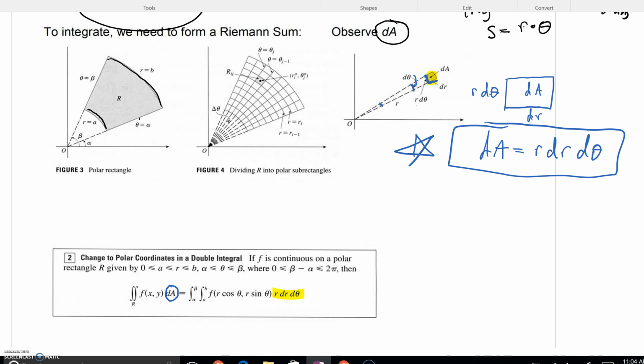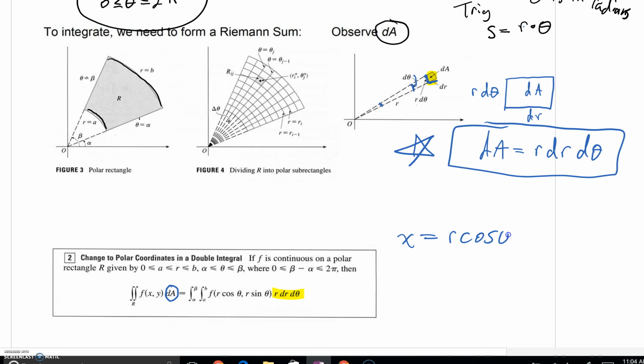Everywhere where we have an x in the problem, we're going to change that to r cosine of theta. Everywhere where we see a y, we'll have r sine of theta. So you could see, this x up in here has become r cosine of theta. This y becomes r sine of theta. And our integral boundaries, well, we're integrating with r first. Our r is between a and b. Our theta would be between alpha and beta.